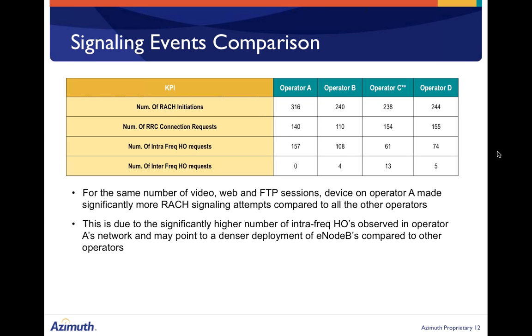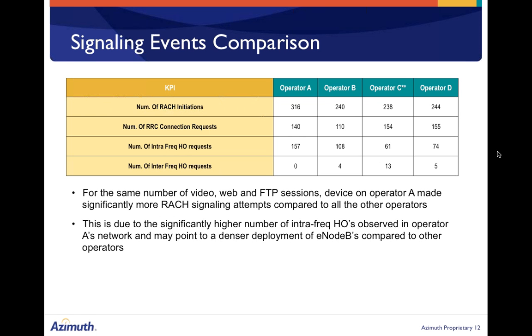So in this example, it becomes clear that operator A is the worst in terms of signaling events. However, to help understand what was going on here, it became clear that operator A was having more RATs connections because it had more intra-frequency handover requests compared to all the other three operators.